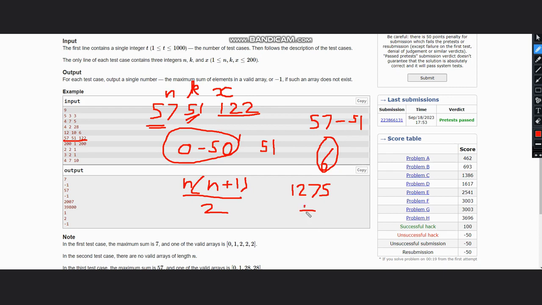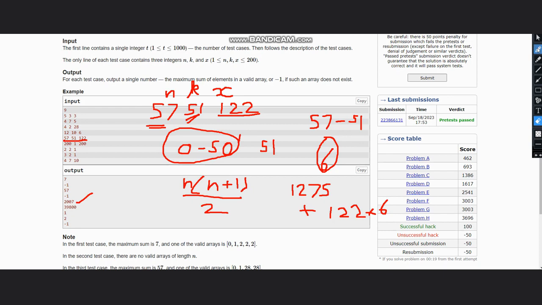So I take 122 into 6 and add this to 1275. Now what is 122 into 6? It is 732. And if you add 732 to 1275, it gives us 2007, which is our answer. So this is the approach.